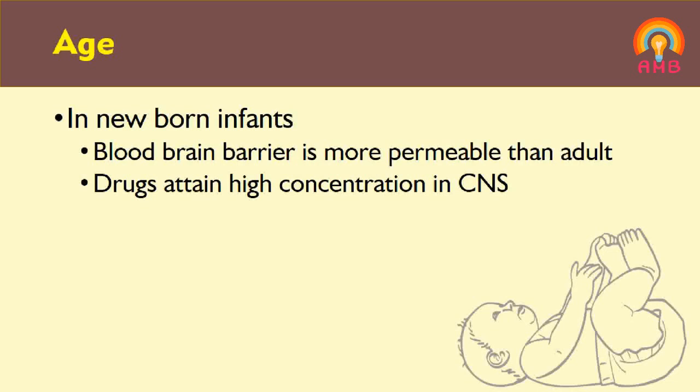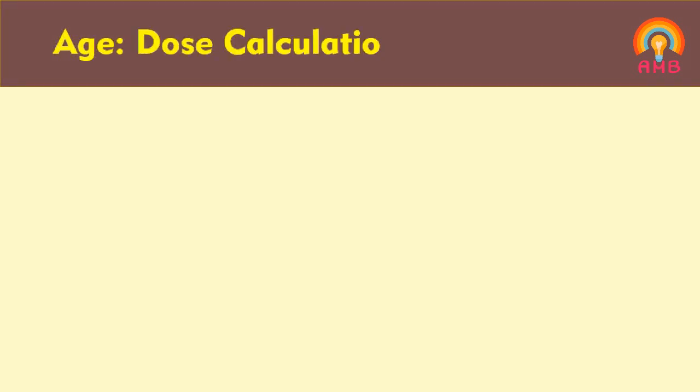So drugs are given very cautiously in children, because many drugs can enter the CNS in children which do not enter the CNS of an adult. Thus these factors should be considered while prescribing drugs to infants or children.